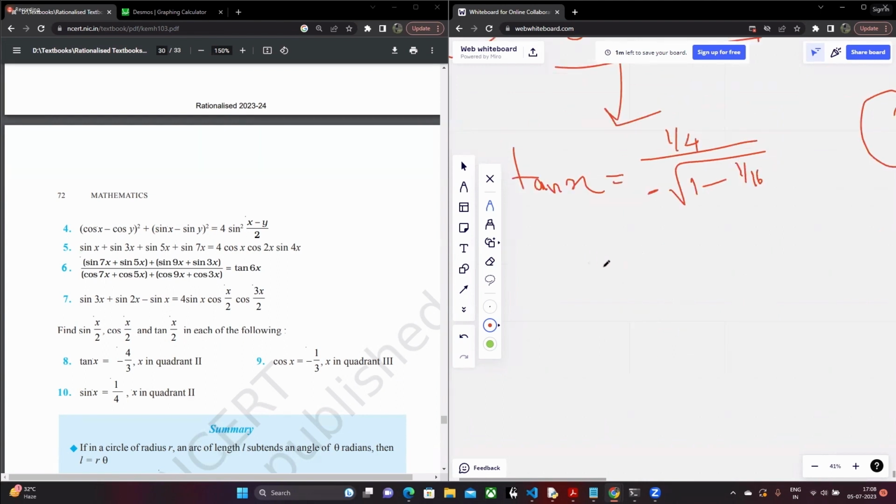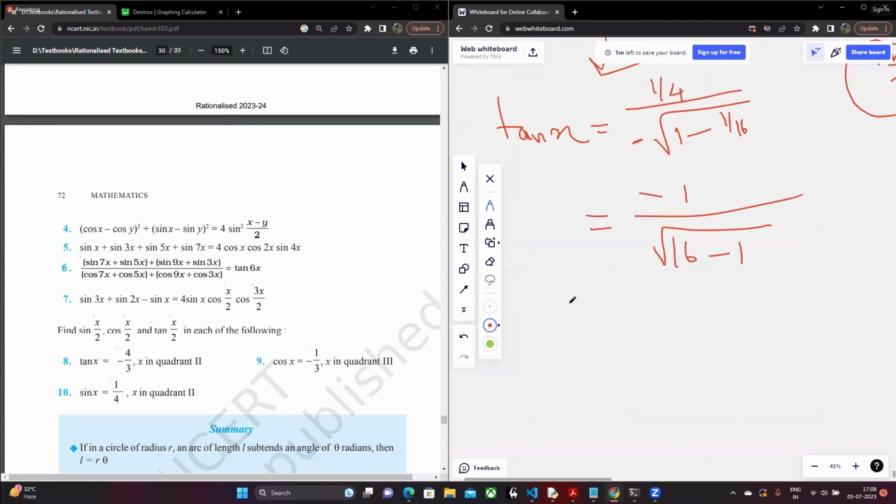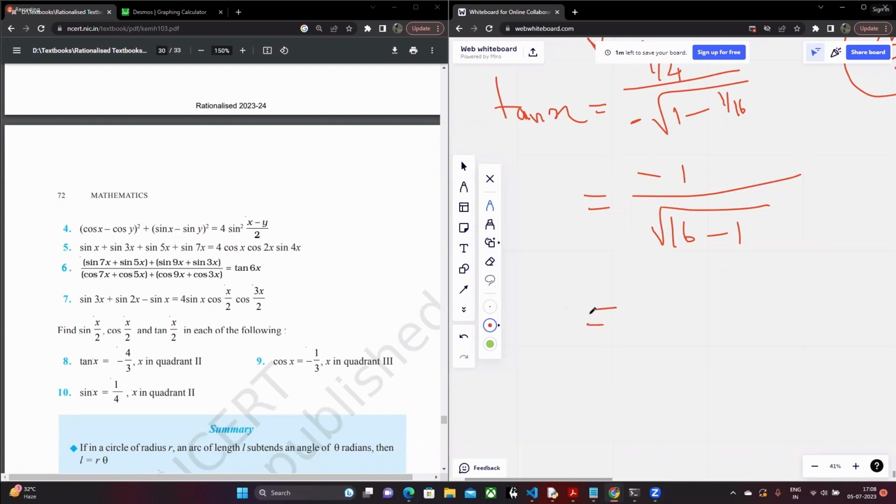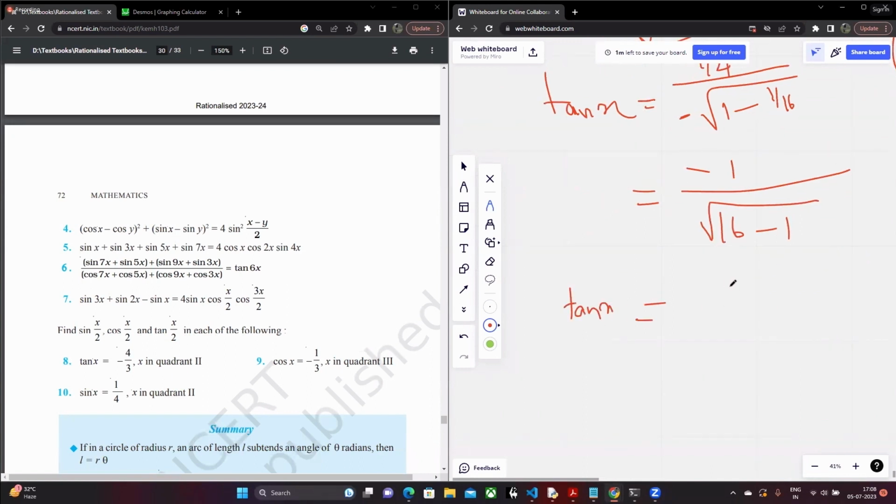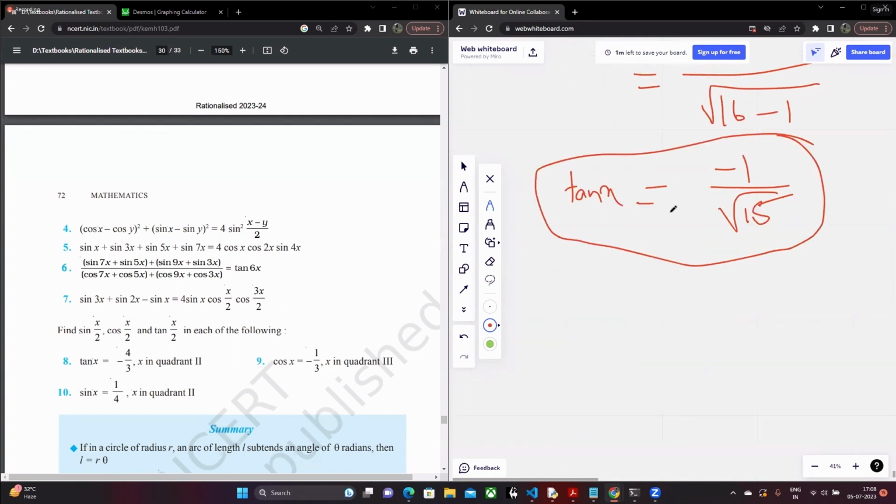So this is basically minus 1 divided by, since I have a 4 over here, root of 16 minus 1, or tan x is basically minus 1 by root 15.